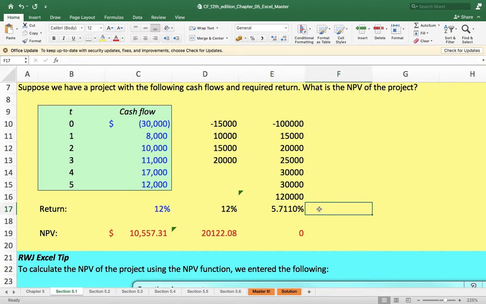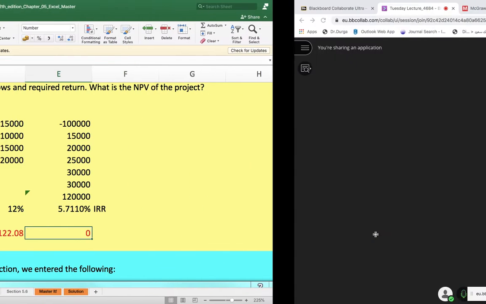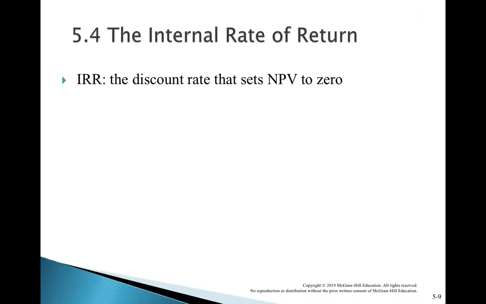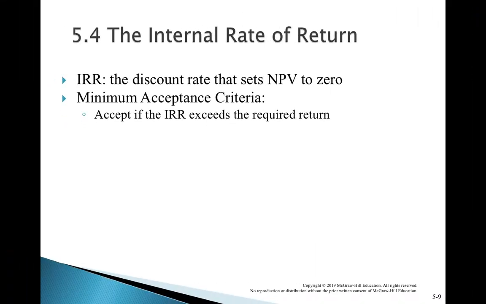This is the IRR. Why? At this rate, the NPV becomes zero. That is the simple definition of an IRR. IRR is the discount rate at which your NPV becomes zero.